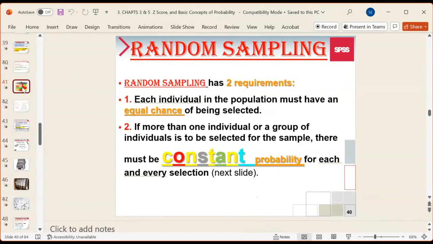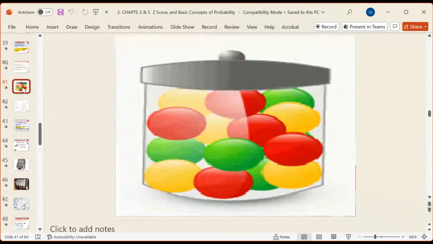So what does that mean? Let's say we have 15 marbles in a jar, 5 red, 5 yellow, 5 green. The probability of pulling one red marble is 5 over 15. The frequency of red is 5, and the total number of marbles, or trials, is 15. 5 over 15 is 1 over 3, times 100.